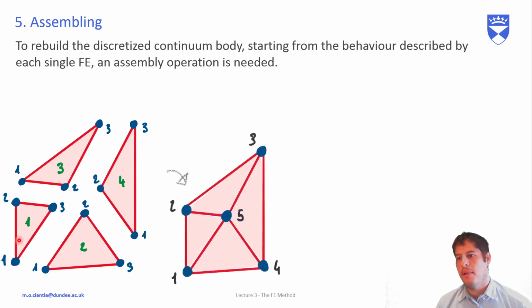So you see here elements 1, 2, 3, 4 joining back into our continuum, well-discretized whole mesh body. And we see that, for example, this node in the global system, 1, 2, 3, 4, 5, so node number 5 in the global system, is actually where nodes 2, 3, 2, 2 in the local systems of these 4 elements join.